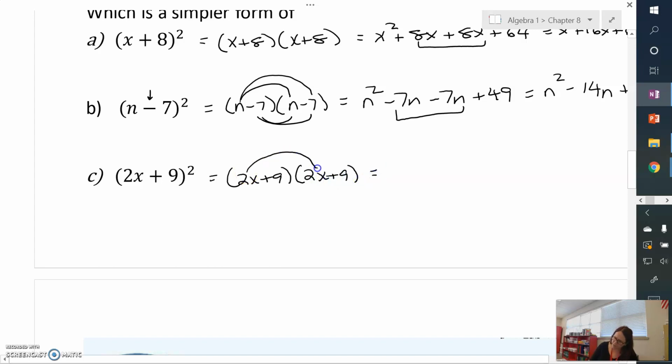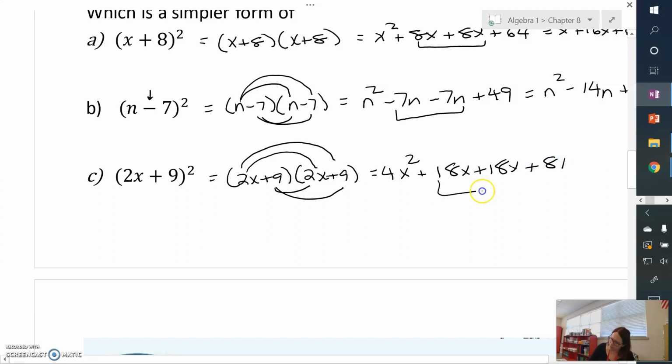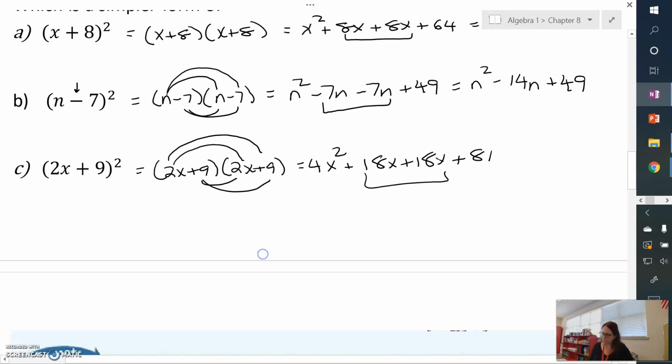So when I do my first terms, 2x times 2x, remember it's a 2 times 2 and an x times x, so I'm going to get 4x squared. 2x times 9 is 18x. 9 times 2x is another 18x. And then 9 times 9 is 81. And I'm going to combine my like terms in the middle, and I get 4x squared plus 36x plus 81.